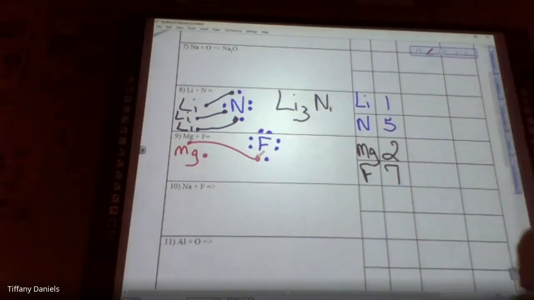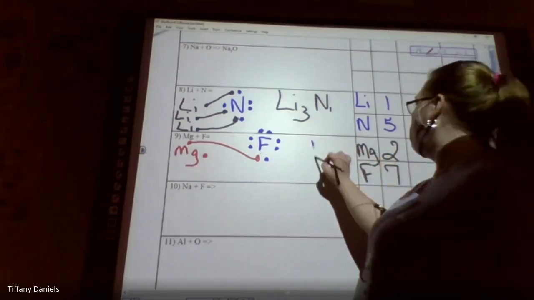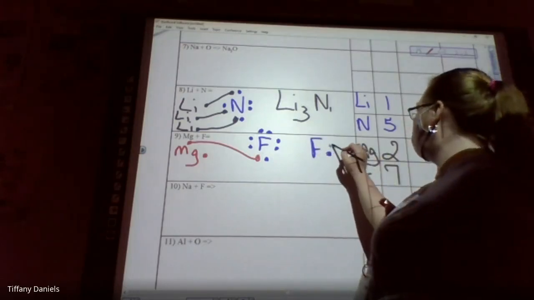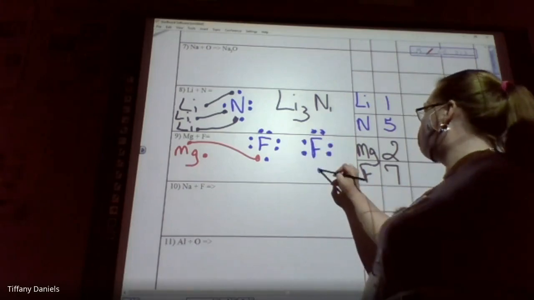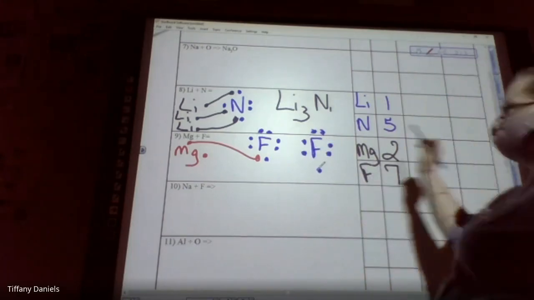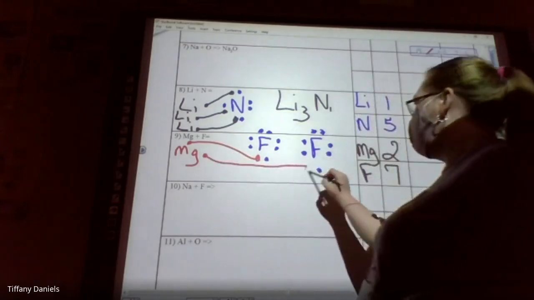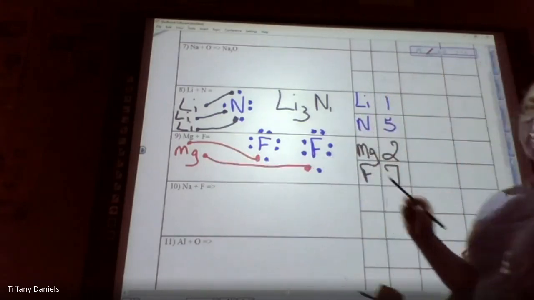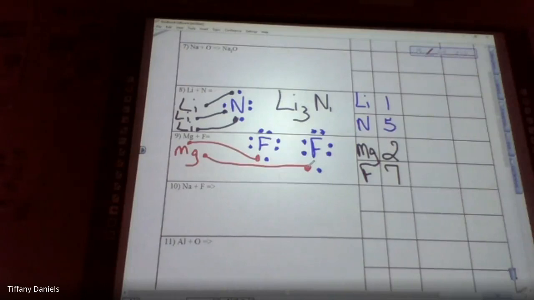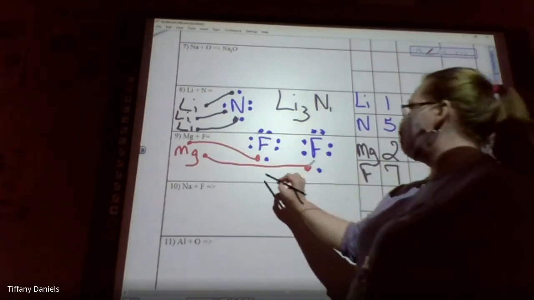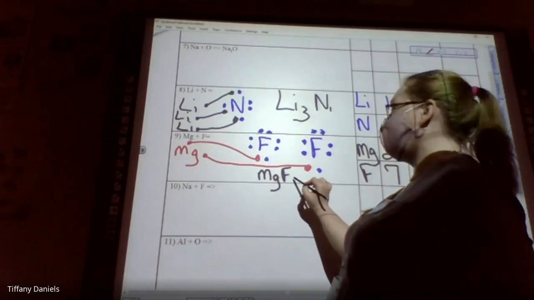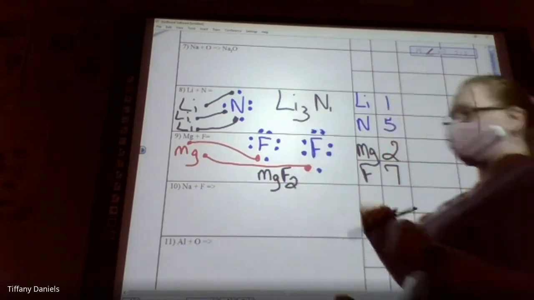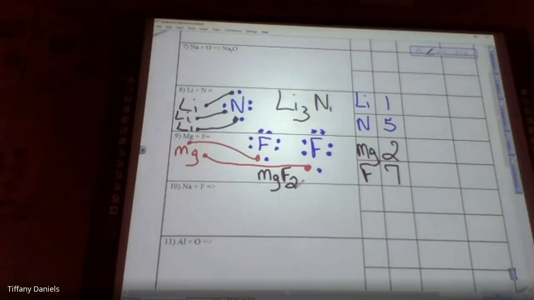So if we draw another fluorine, we bring this one over here. We can now write our formula as MgF2, because we had to draw 2 of them.